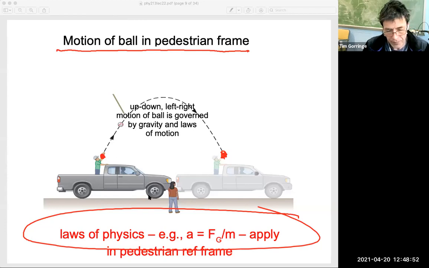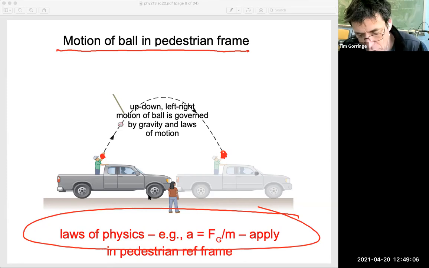And so that too is an example of some things being relative and some things being absolute. Here, the laws of physics are absolute. So one of the key ingredients in relativity is that the laws of physics are absolute. They're the same in the truck reference frame, the passenger reference frame, as they are in the pedestrian's reference frame.